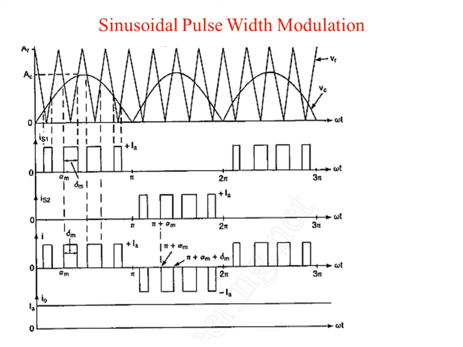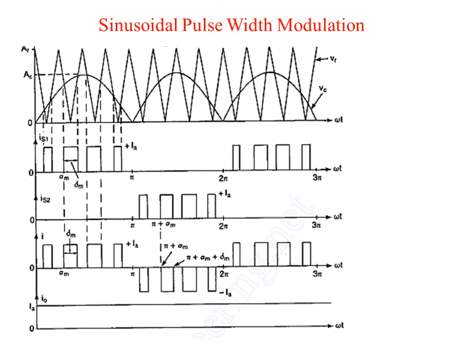The widths of the pulses could be different. It is possible to choose the width of pulses in such a way that certain harmonics could be eliminated. Thus, by controlling only the width of pulses, we can eliminate certain harmonics.